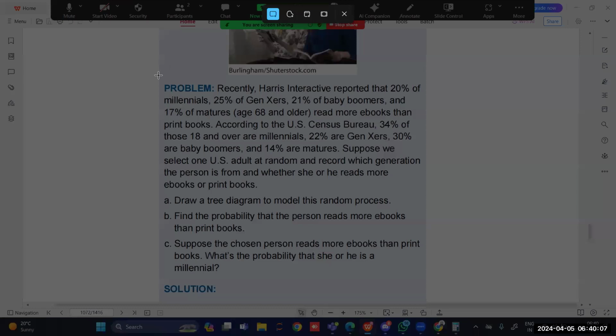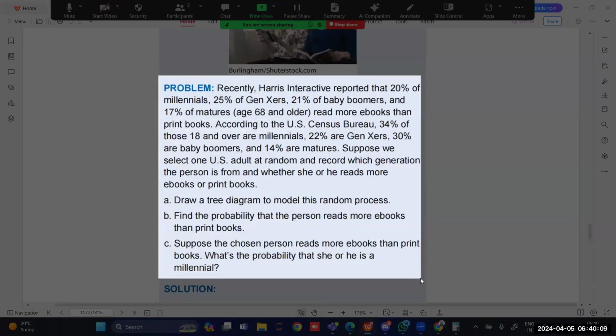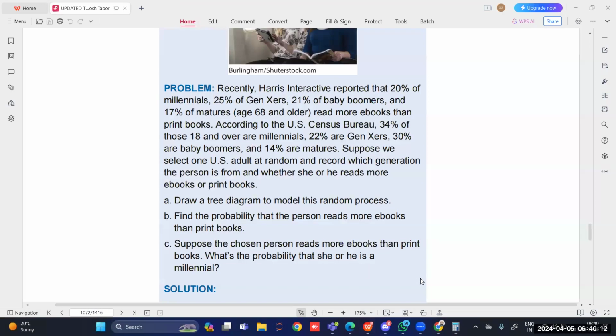According to the U.S. Census Bureau, 34% of adults 18 and over are millennials, 22% are Gen Xers, 30% are baby boomers, and 14% are matures. Suppose we select one US adult at random and record which generation the person is from and whether she or he reads more ebooks or print books.